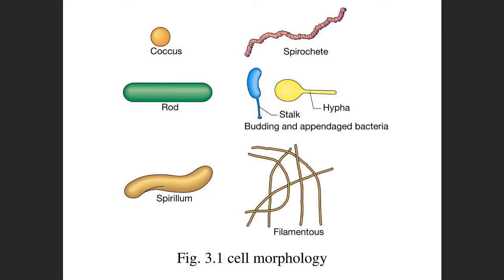Okay. And then microbes have lots of exceptions, and there are lots of different other, uncommon shapes. Okay. And so you have spirochetes, and then you have microbes with stalk or hypha, and so all these have specific functions.